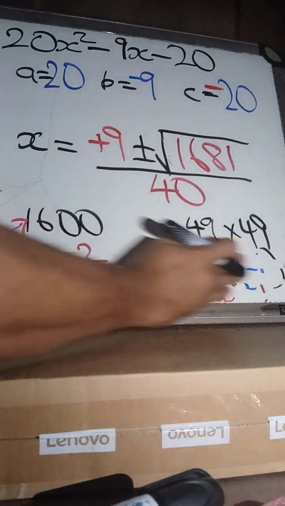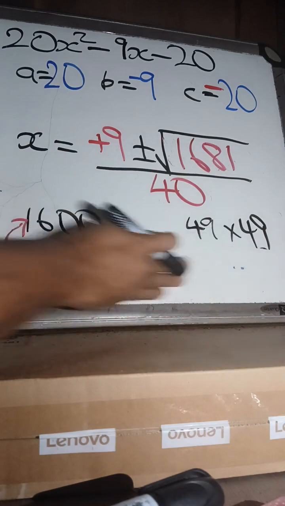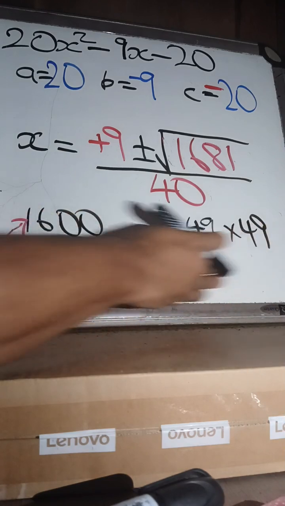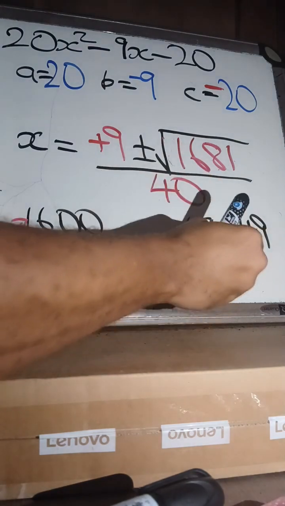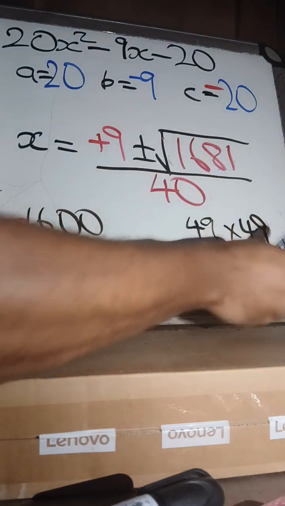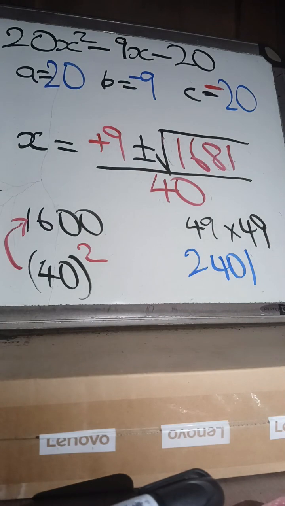So if we multiply 49 by 49, the answer we get is 2,401. But I don't have a tablet, so I don't even know if I can. Come on, there we go. Alright, fine. Okay.